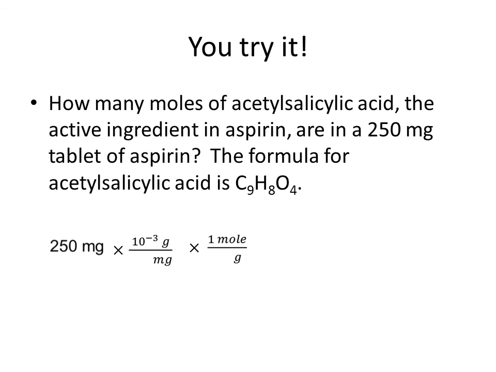To figure out how to make my fraction of mole and gram equal to 1, I go to my formula and I see that it is 9 carbons, 8 hydrogens, and 4 oxygens in acetylsalicylic acid, so I do 9 times 12.01 plus 8 times 1.008 plus 4 times 16, and that gives me 180 grams in 1 mole of acetylsalicylic acid. I do my math and I come up with 0.0013 mole.